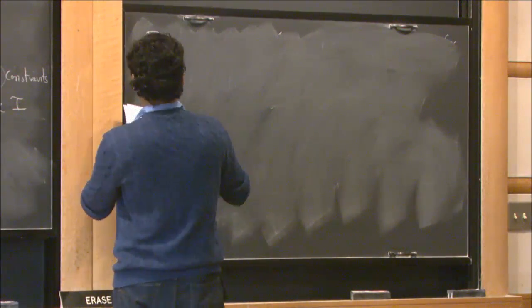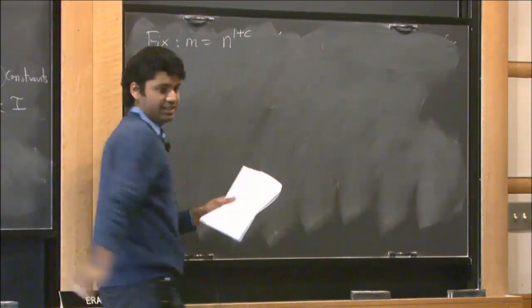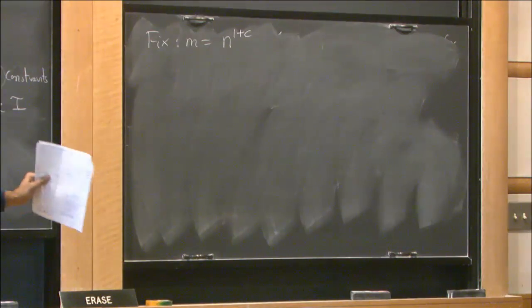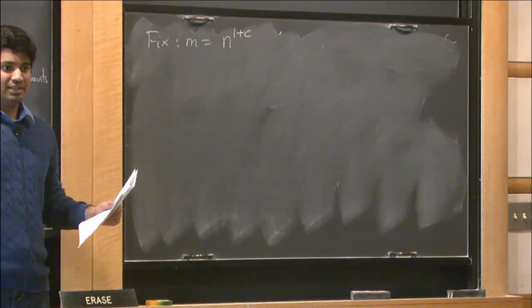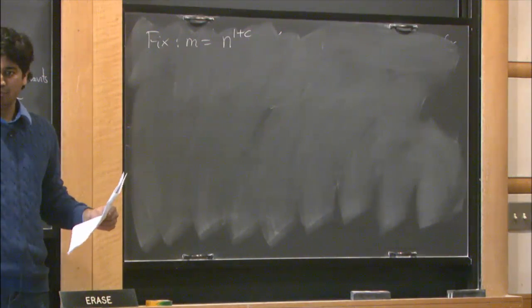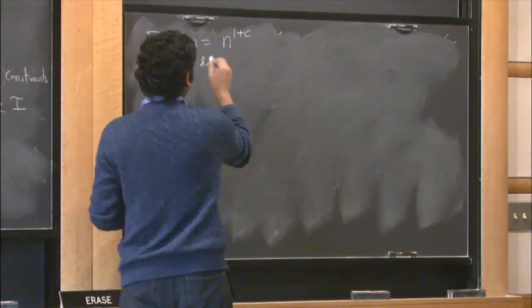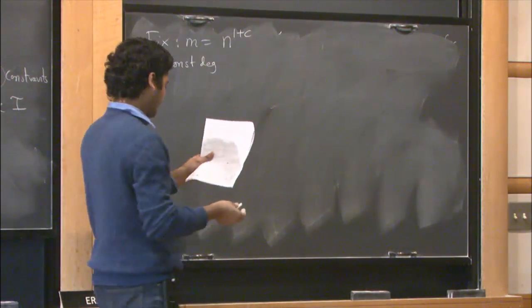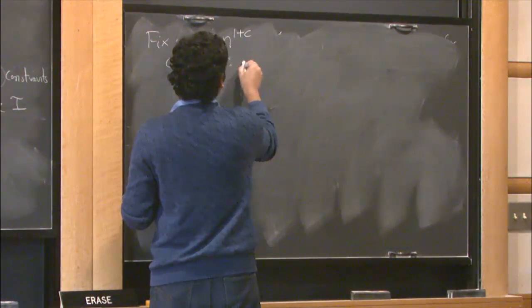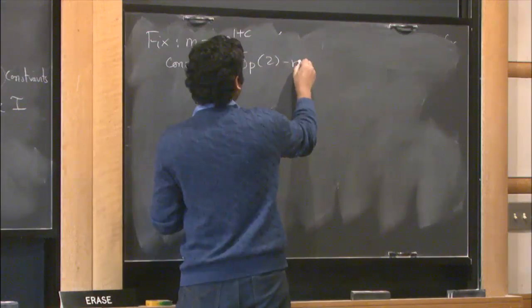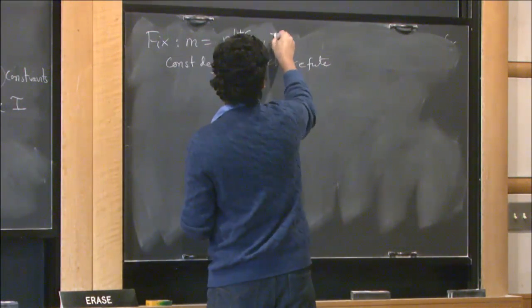If you fix the number of constraints m to be n to the 1 plus some constant c, let's try to understand what this theorem is telling us. It's like a running time versus strength of refutation trade-off. First, for constant degree sum of squares, which is polynomial time sum of squares, this is the tight estimate. So it can refute to delta p of 2. We are looking at a random instance I.